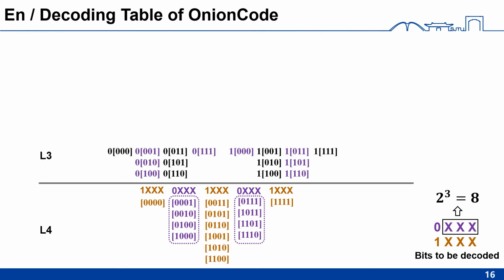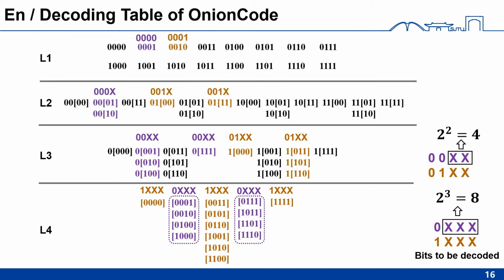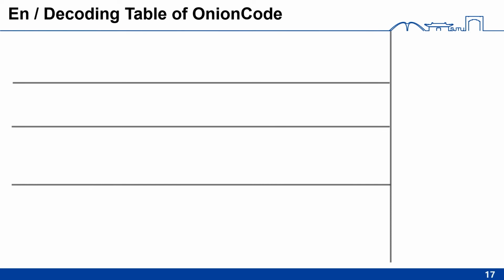These 8 substates are redistributed in layer 3. In layer 3, we need to assign 00xx and 01xx. 2 x's here means 4 uncertain states. Hence, these 4 substates are mapped to 00xx, and these 4 for 01xx. This process can be carried out to layer 2 and layer 1. Obviously, the above process is recursive and symmetric.